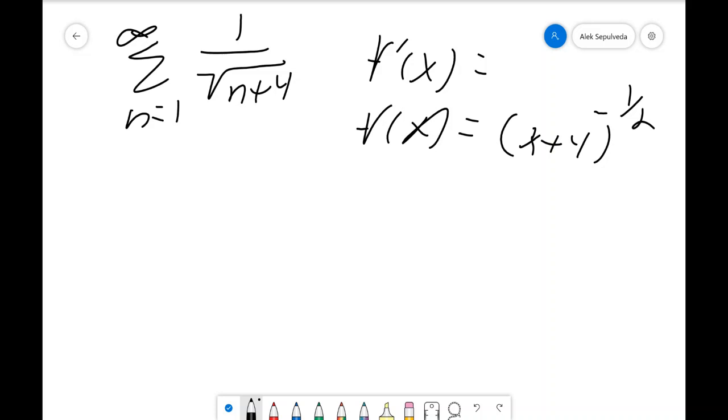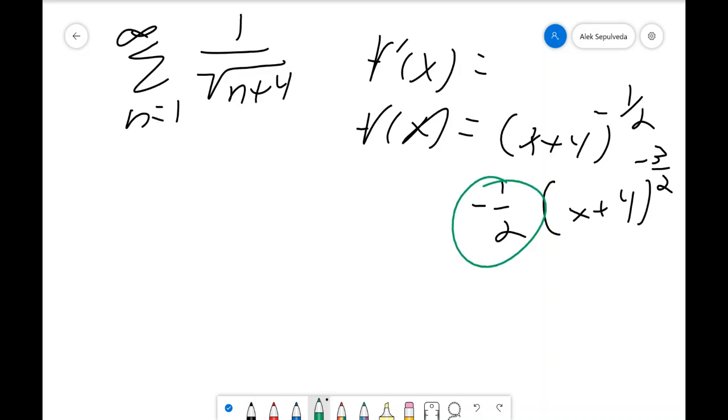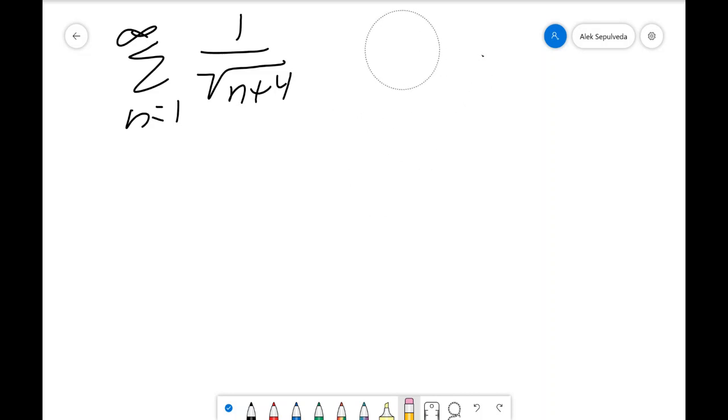Multiply the negative 1/2 in front, x plus 4, and then negative 3/2 as the exponent. This gives us a negative in the front, and so the expression will always be decreasing. We already know it will be starting from 1 always, because it starts at 1 in the series.